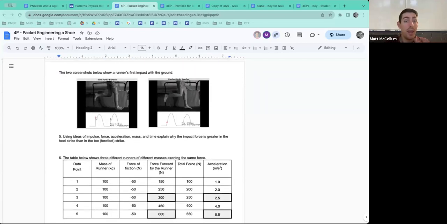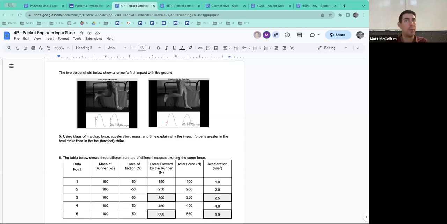It looks at a heel strike and a toe strike, so different ways of running, and has students using ideas of impulse, force, mass, and time to figure out which impact is greater. So connecting those ideas of that collision with acceleration there, and trying to pull those ideas from momentum back to these live images of heel striking and toe striking.